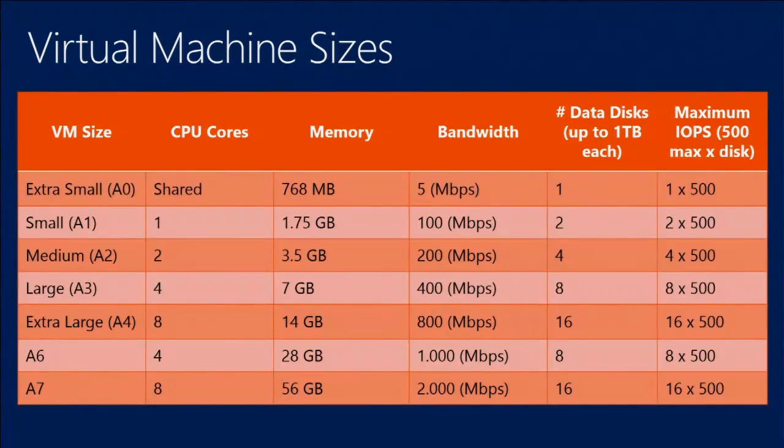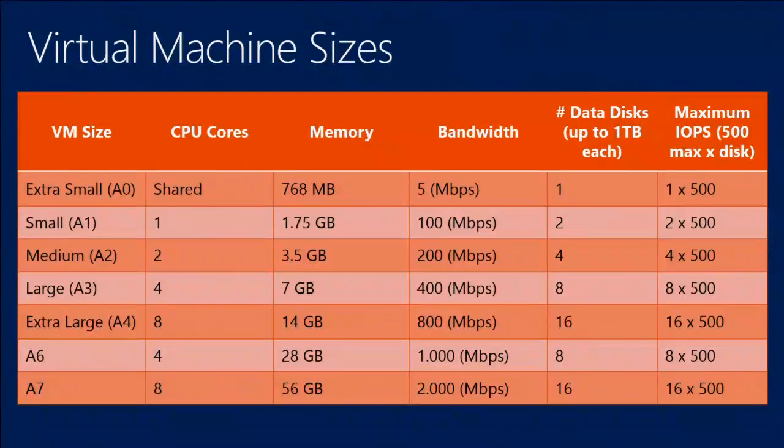But when you create VMs, regardless of the tool you use, the web UI, PowerShell, or the REST APIs, you can also add additional disks to your VMs, and the maximum number of additional disks depends on the sizing of your VM, as well as the number of I/O per second, because every single VHD will be capable of handling no more than 500 IOPS.